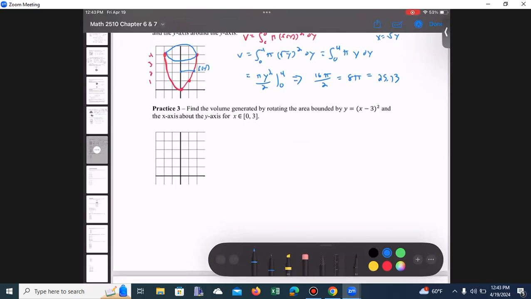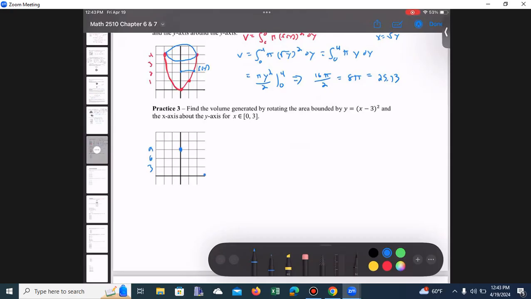Right, next one, y equals x minus 3 squared, and we're going to look at it from 0 to 3. So when x is 0, we get negative 3 squared, which is 9. So we'll call that 9. And then when x is 3, we get 0.